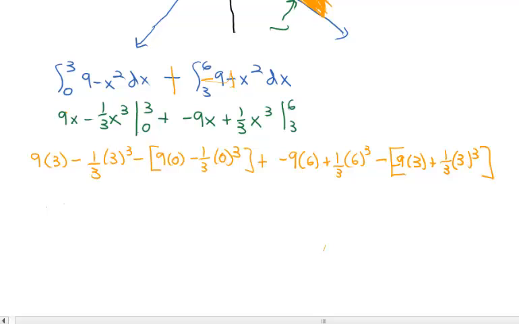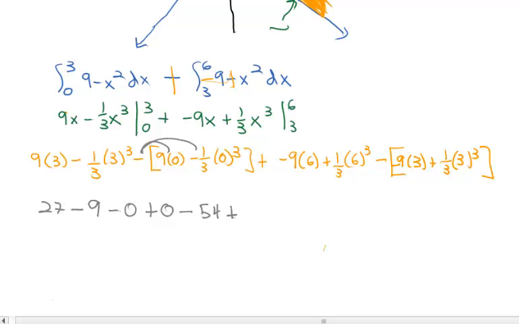And now let's clean it up. 9 times 3 is 27, minus 3 cubed is 27 divided by 3 is 9. Distribute the negative, we get minus 0. Distribute the negative, we get plus 0. 9 times 6 is negative 54.